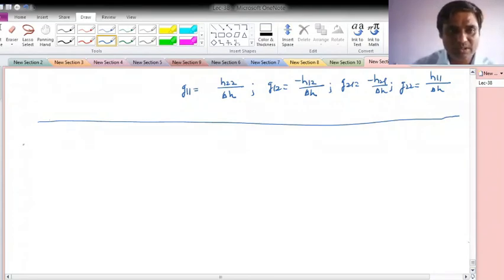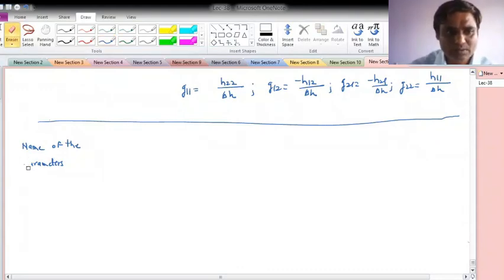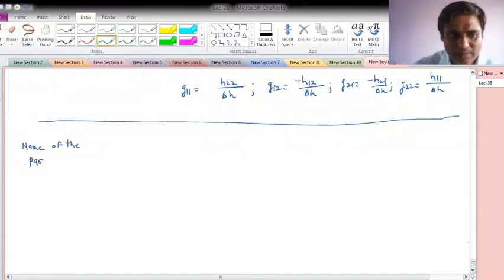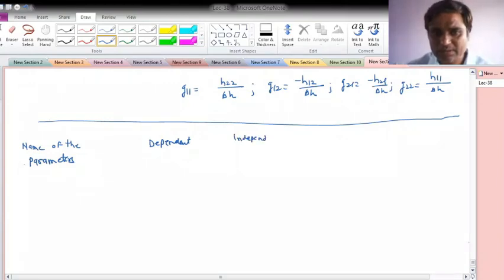These are the names of the parameters. Then there will be the dependent variables, then the independent variables.